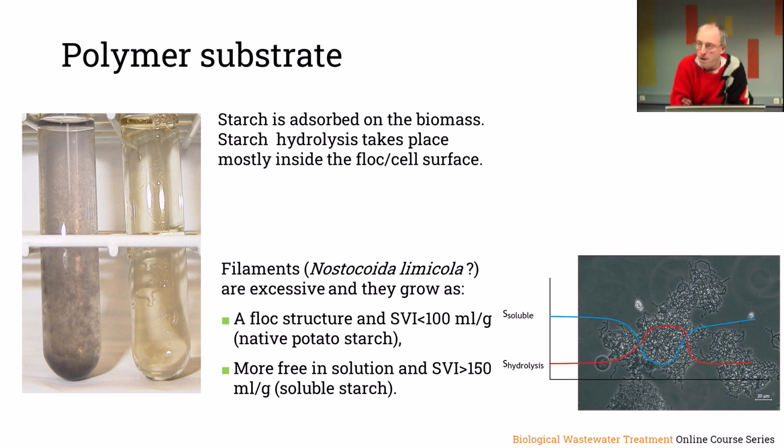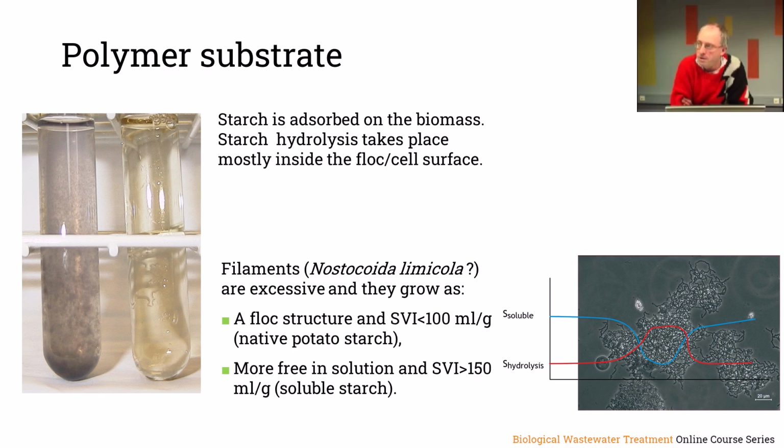Because if you would give maltose at a low substrate concentration in the feed all the time, then you will get bulking sludge. Now you see also that the substrate which is more effectively taken up inside the flocs, the native starch, gives a better volume index than the substrate which is soluble and which will be mainly hydrolyzed at the outside of the flocs.